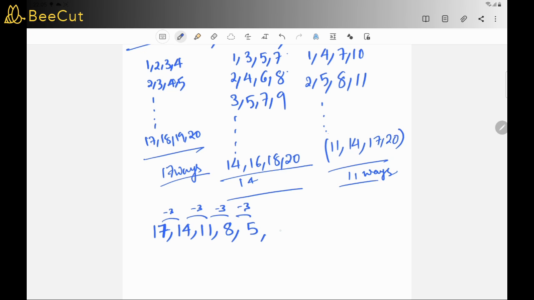If the common difference is 6, then 2 such.